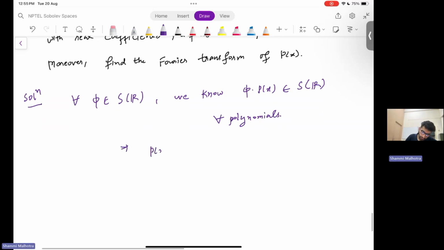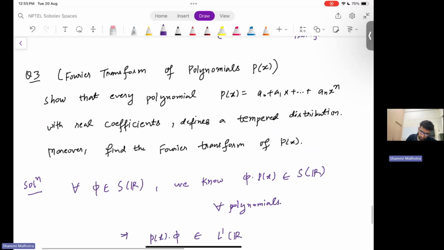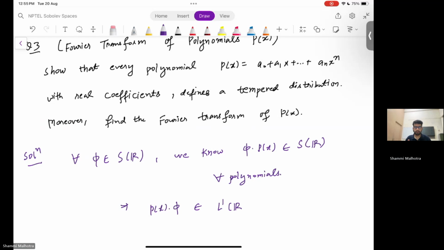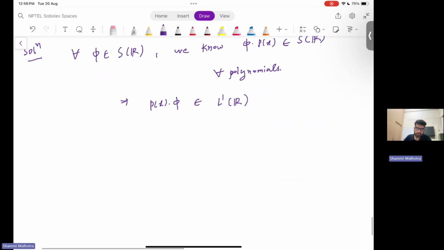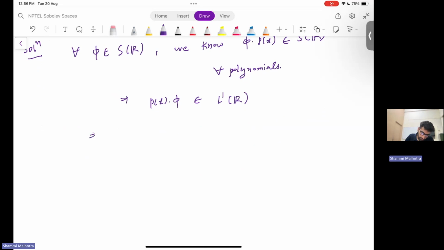This implies that p(x) times phi will be in L1. Such functions are actually integrable. So this is well defined. So the integral over R of p(x) phi(x) dx is well defined for all phi in Schwartz space.